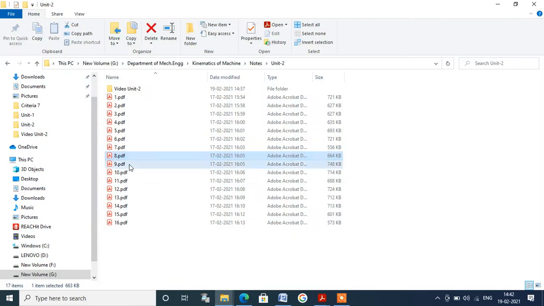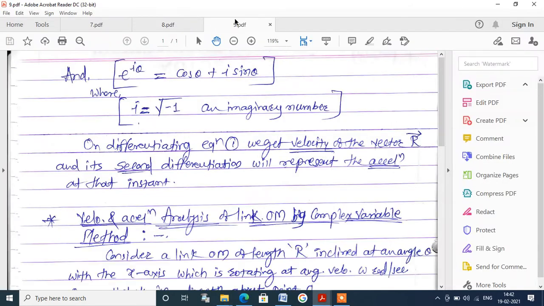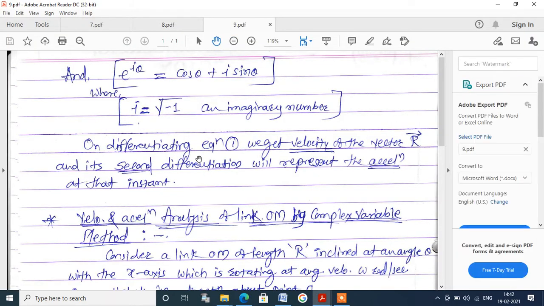Now here e raised to i theta is given by cos theta plus i sin theta, where i is an imaginary number and its value, all of you know, is under root minus 1. So on differentiating that equation, that is R bar equal to R e raised to i theta, we get velocity of vector R, and if you again differentiate, we will get acceleration at that instant.